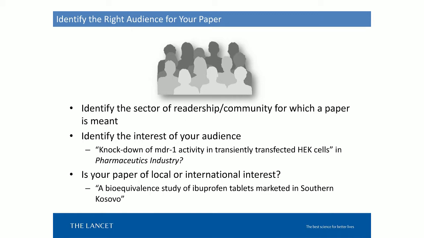Some research topics only address a very narrow audience, and you can choose your journal and write in a style which will suit that audience. And of course, some topics are of local or rather international interest. So you need to identify whether you're dealing with a subject which will appeal to a broad international audience, or to a more local audience.